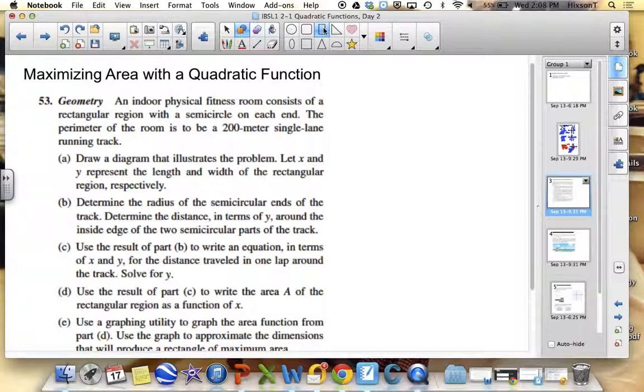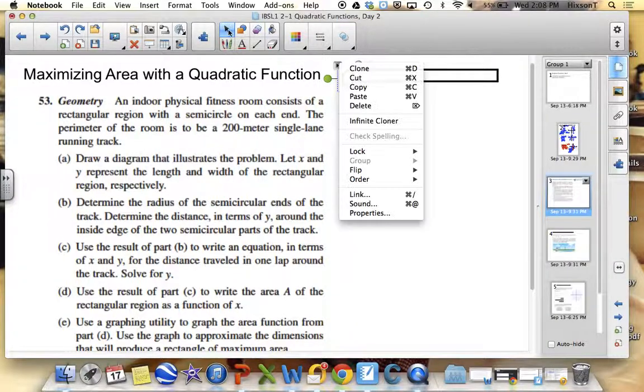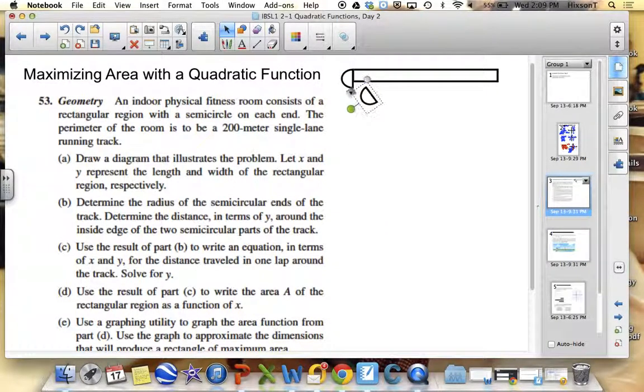Okay? So, we're sitting here thinking about how we're going to design this, and we say, okay, well, we can make it like this. There's the rectangular part, and here's my semicircle. I need two of these, right?